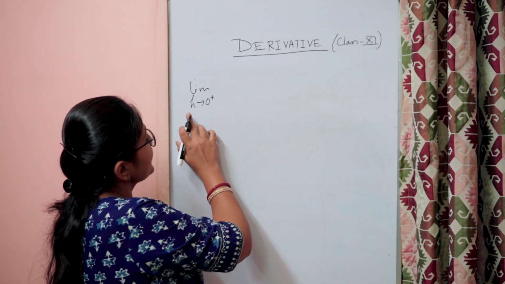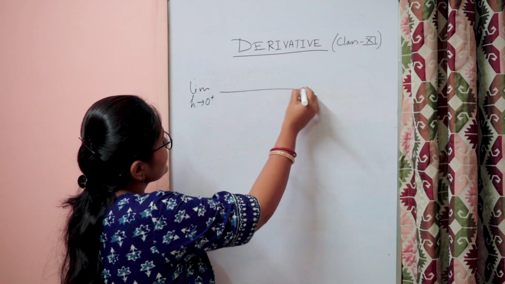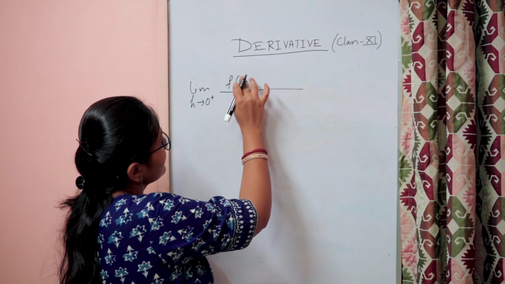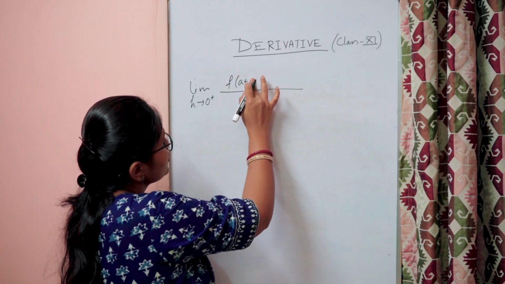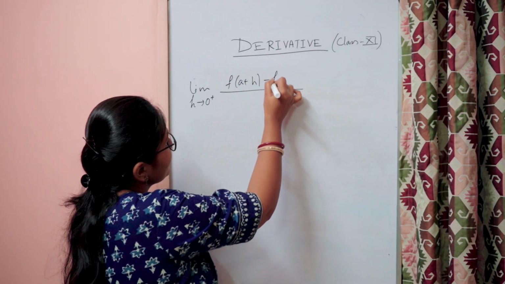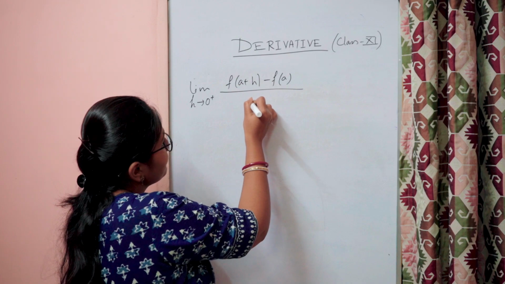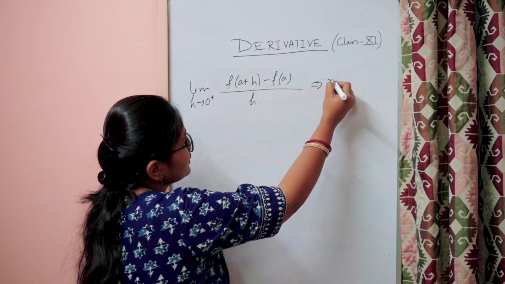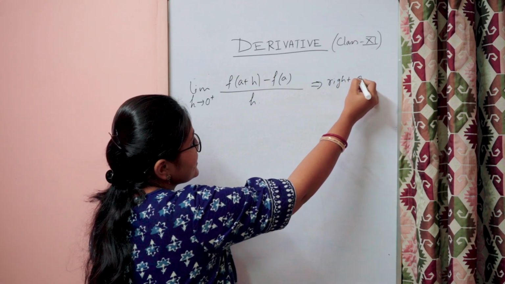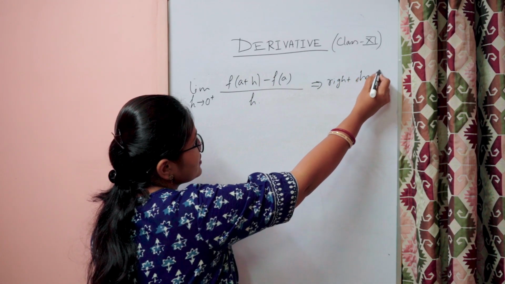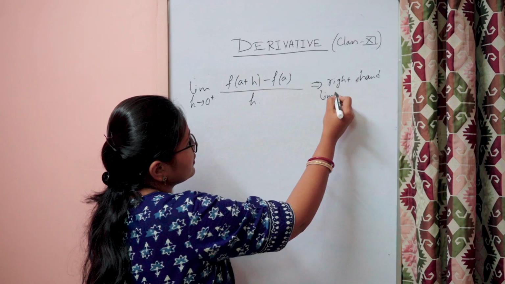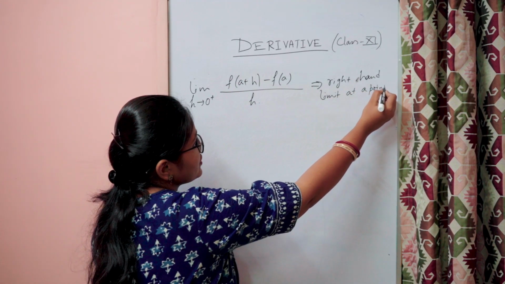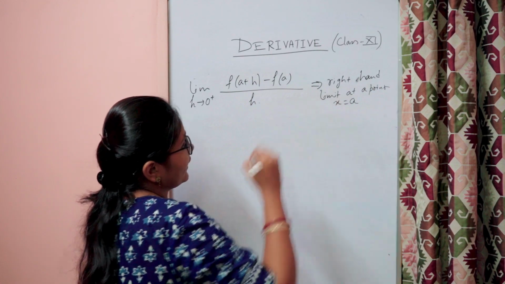Suppose limit h tends to 0 plus, f(a plus h) minus f(a) by h is there, then this is called the right hand limit at a point x is equal to a.